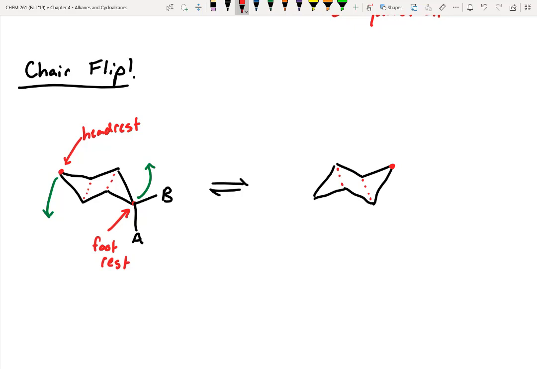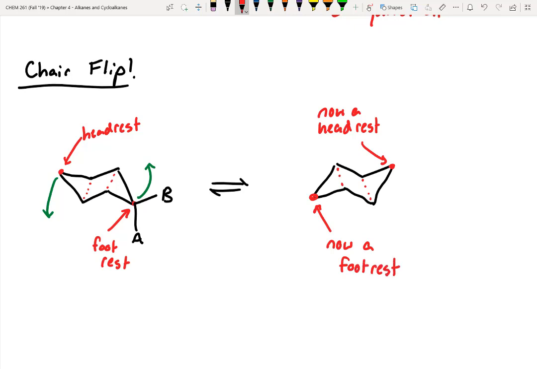You see how this dot right here, that was our footrest. However, when we did this flip, it is now our headrest. It's just on the opposite side of my chair. So I'll say now a headrest. And then we'll say over here that this is now a footrest.